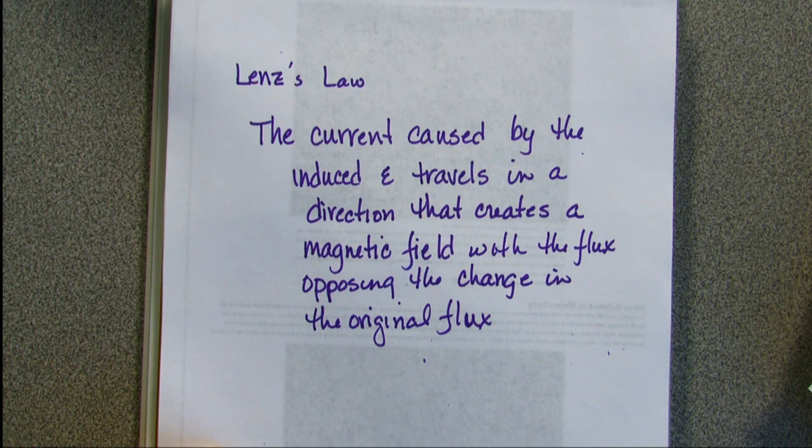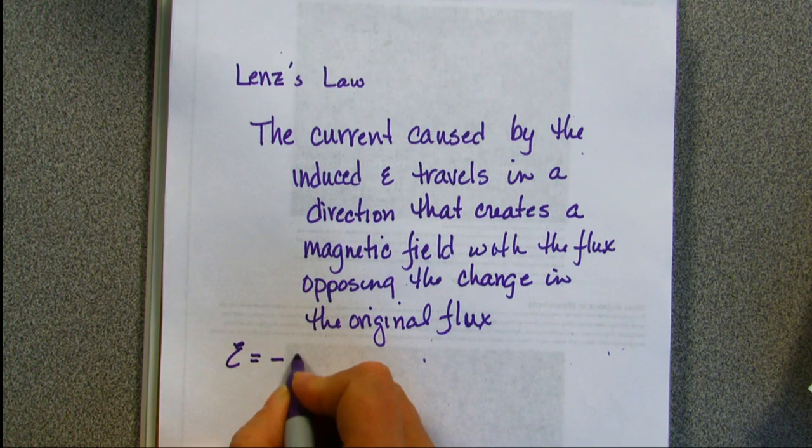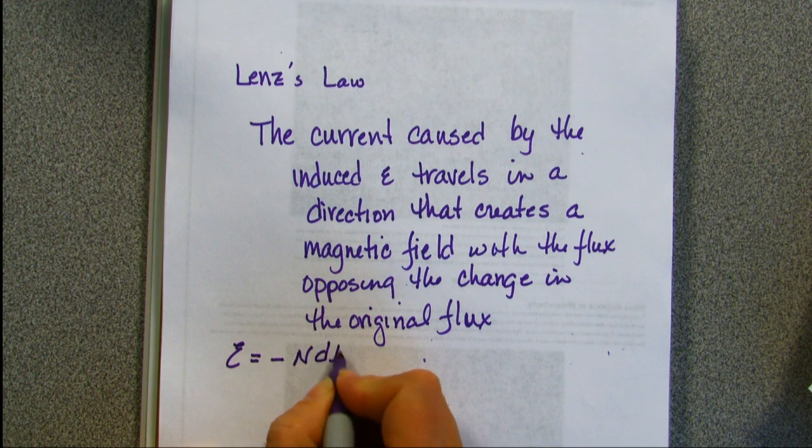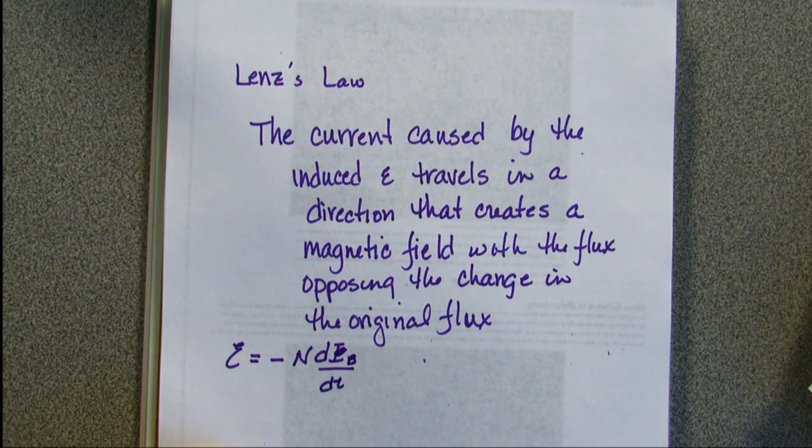So we end up with Faraday's law that looks something like this. We're going to see Faraday's law written a number of different ways, but this is where we start the process.